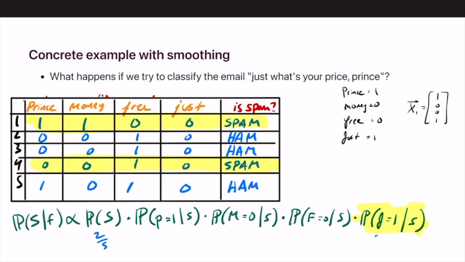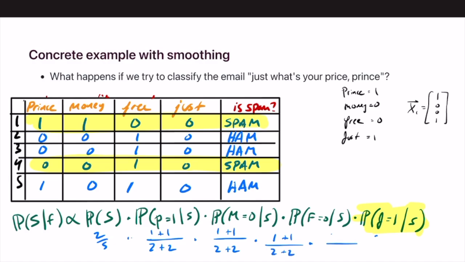Remember, we don't add smoothing to the probability of the class. It's only applied to the conditionally independent probabilities. So this will be 1/2 + 1 plus, remember, 2. We have 2 classes, times 1 + 1 over 2 + 2, 1 + 1 over 2 + 2.